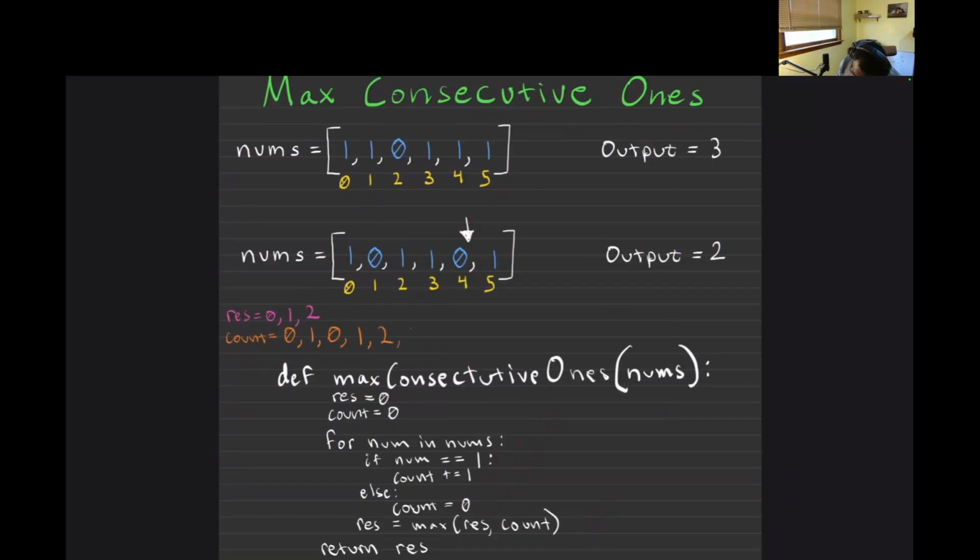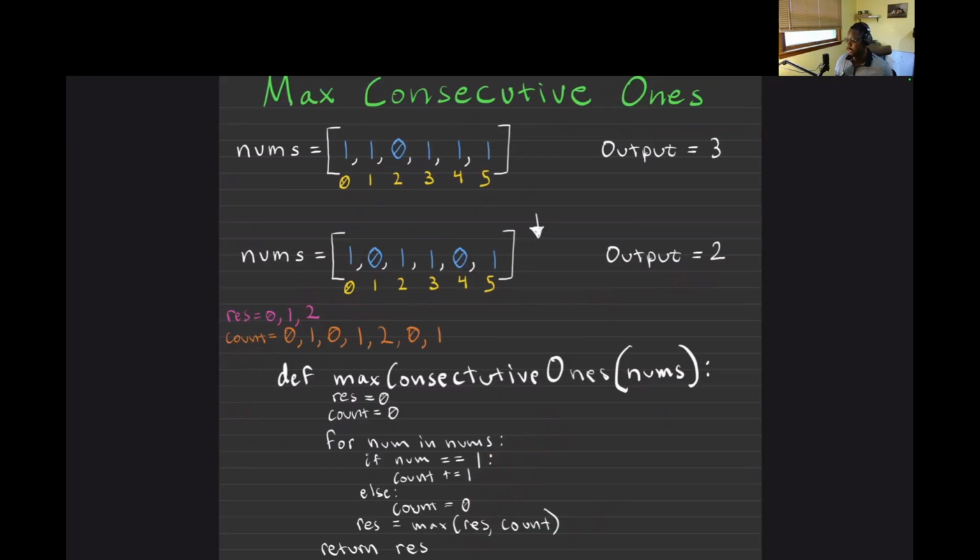Res is greater than our count, so no change there. Then we get here and we hit this case, so count becomes 1. No changes happen because res is already greater than count, right? And we're done with the for loop, so we finish this. Now we just return the res, which is equal to 2, and that is our output.